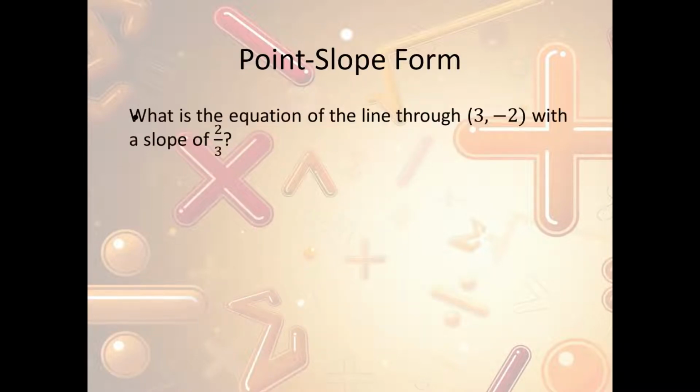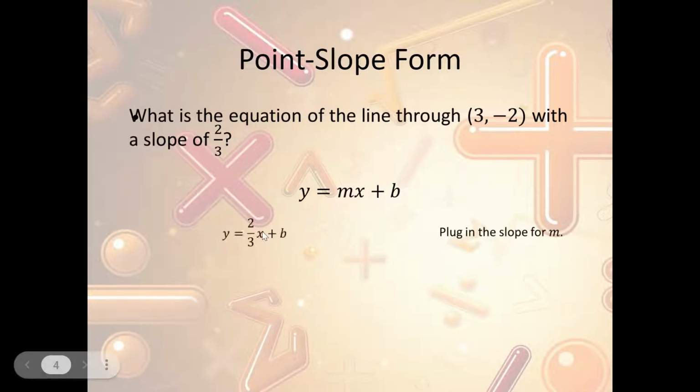Let's take a look at an example of this. What is the equation of the line through (3, -2) with a slope of 2/3? First, we take our y equals mx plus b, and plug in what we know. We'll plug in the slope first. The slope is 2/3, so that goes in for m. Now this says y equals 2/3 x plus b.